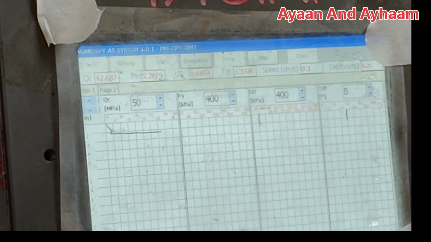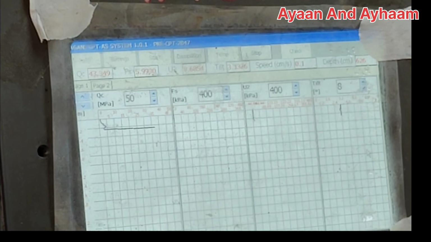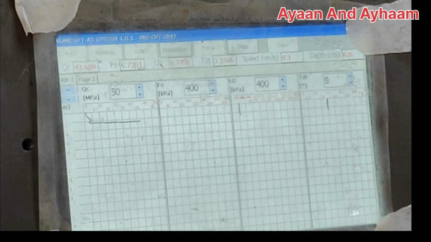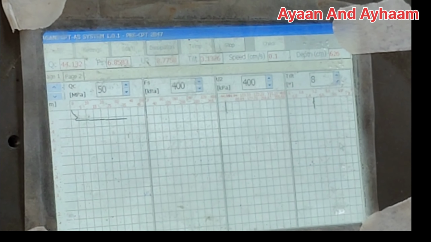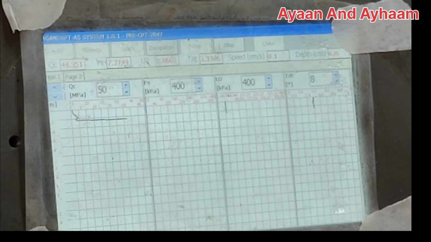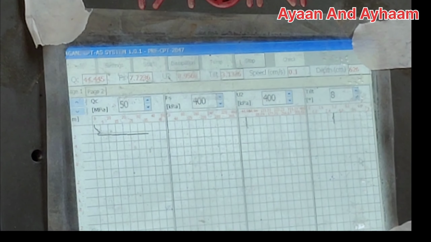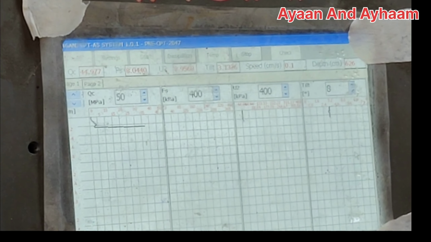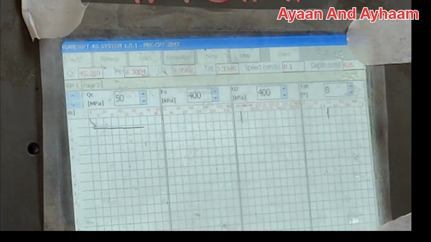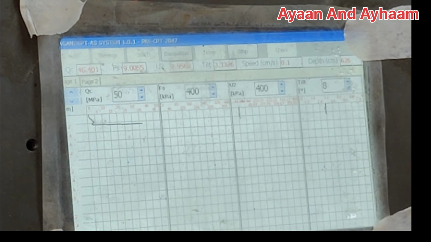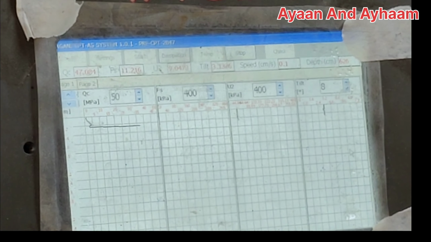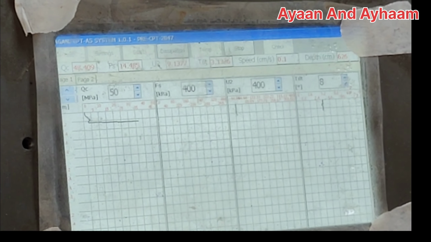Now you can see the QC value is increasing. Now it reaches 42, 43, and the drilling depth has stopped at 6.26. It is not getting more, which means the cone is at the same level, and the QC value now reaches 44, 45. As it reaches 50, we will stop it immediately.